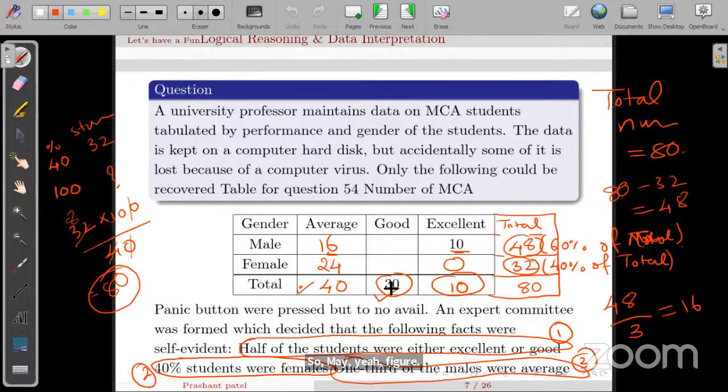Yeah, 8 by 32 is the correct term. But how did you come across 8? Because the total here is 32, so that has to be 32 minus 24. So this will be 32 minus 24, which is 8. And this will be 48 minus 16 minus 10, which is 22. Okay. So how much proportion? The next question.